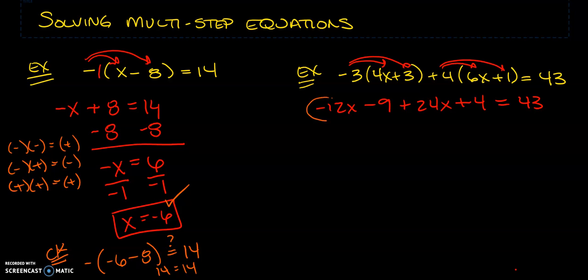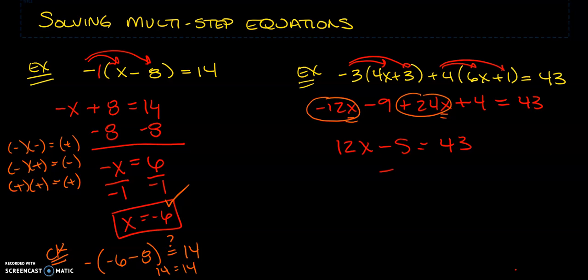Now what I want to look at are my like terms, and I see both of these have the same variable. The variables have the same exponent. Those are in fact like terms. And so negative 12x plus 24x is a positive 12x. Minus 9 plus 4 is a minus 5, equals 43.